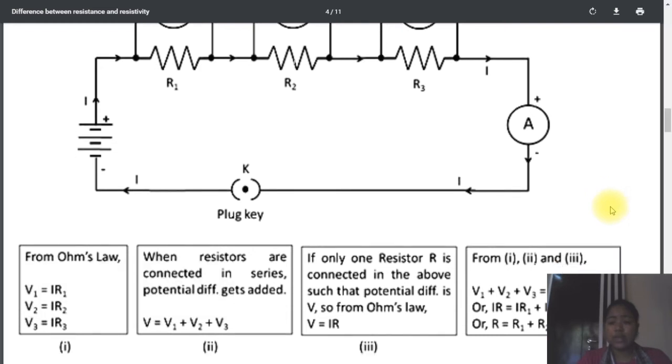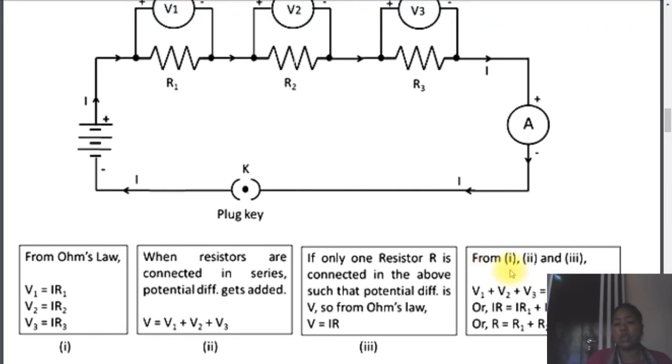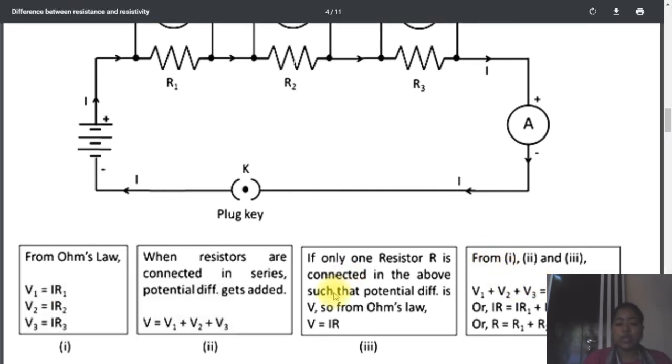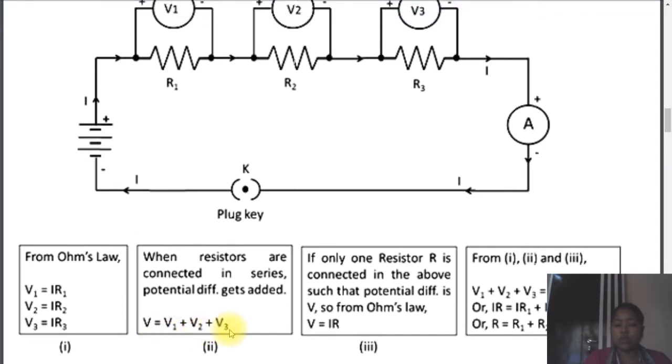By the first, second and third equations, we place the values in equation number 2. So V equals V1 plus V2 plus V3. We place the values from equations 1 and 3 here.